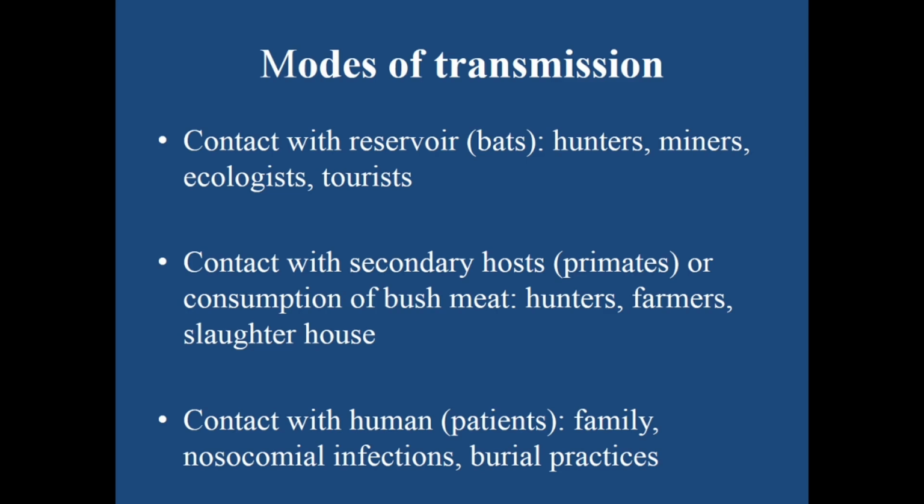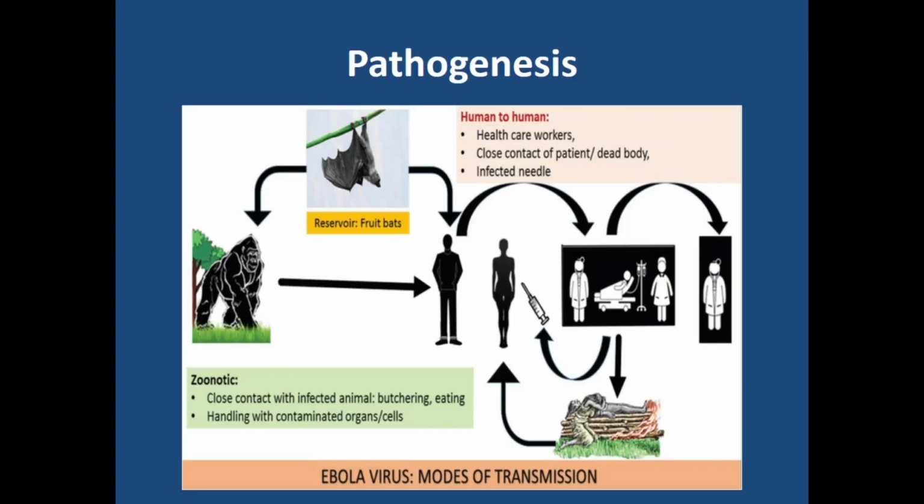Deaths have occurred in family members, or as a result of nosocomial infections and improper burial practices. Human to human transmission can occur in healthcare workers, in close contact with a patient, contact with the dead body, and infected needles. The reservoir is the fruit bats. Zoonotic transmission is a result of close contact with infected animals, butchering, eating the animals, and handling contaminated organs or cells of the animals.